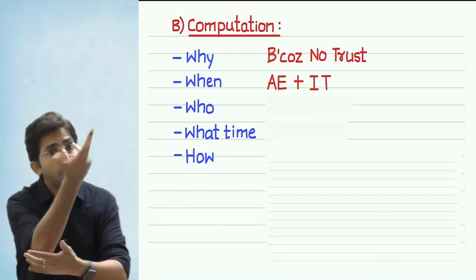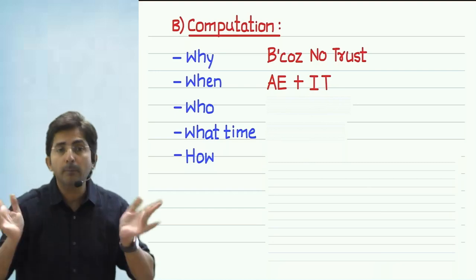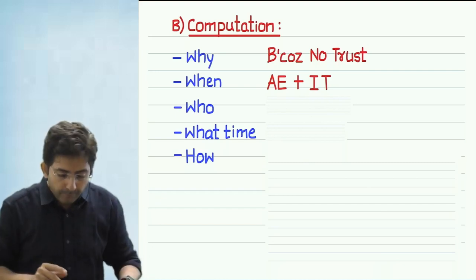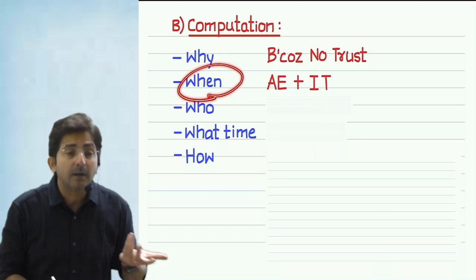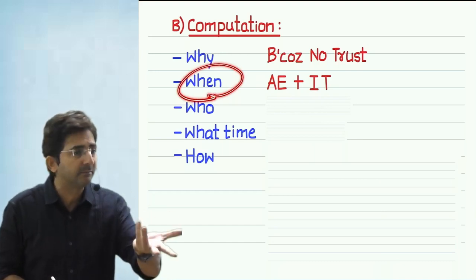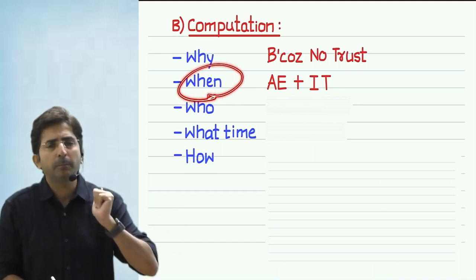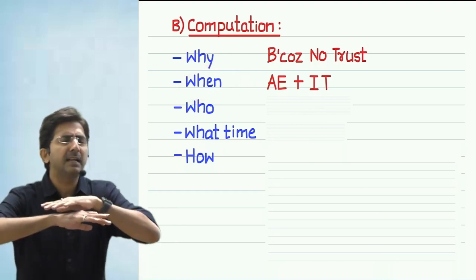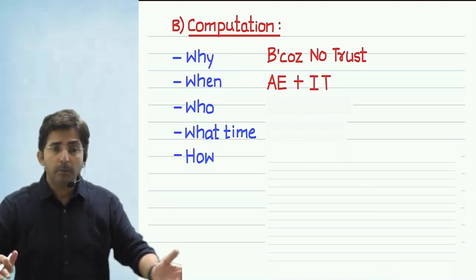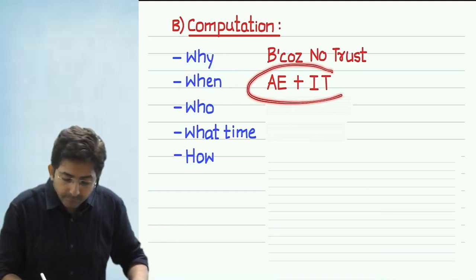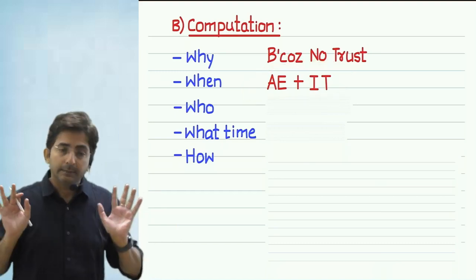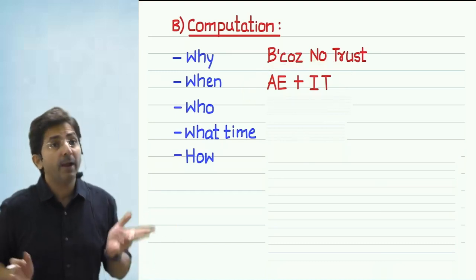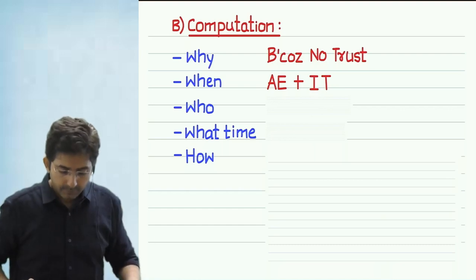Profit is shifting to another country. We will compute ALP. So the answer is whenever there is an association plus an international transaction, then compute ALP. Third point.